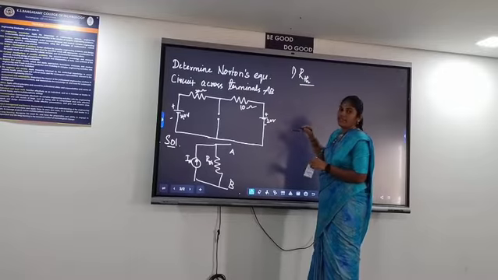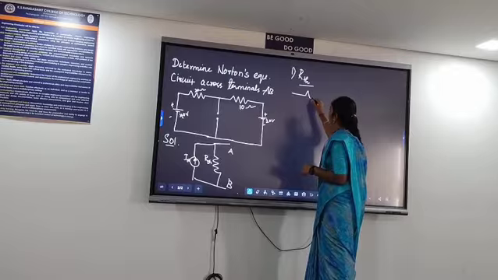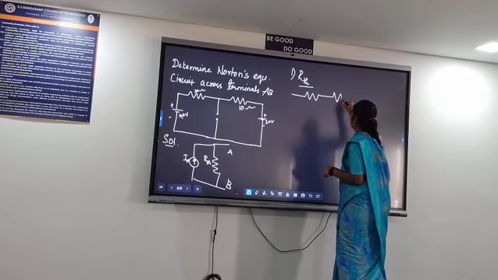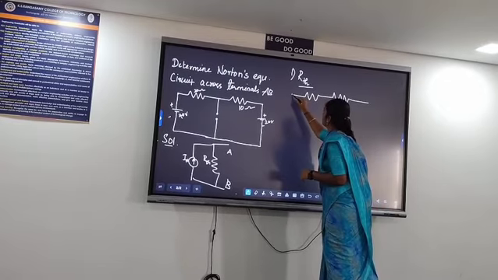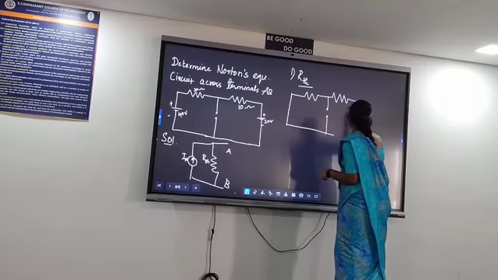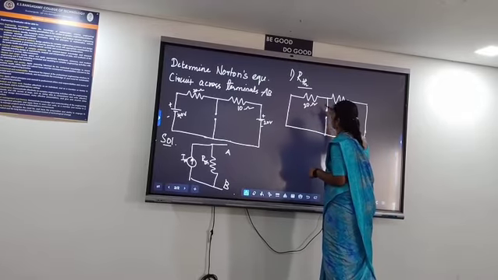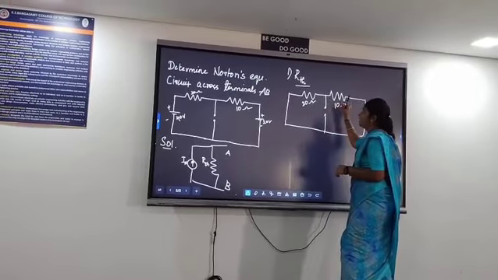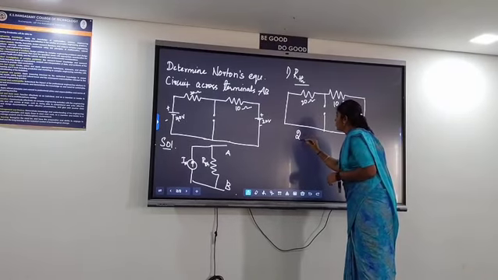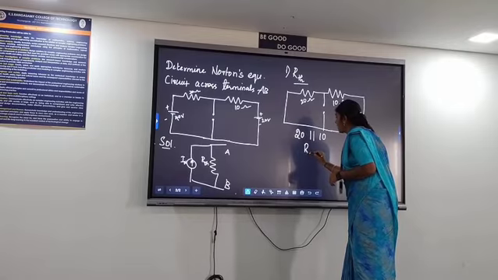To find the value of RTH, we first remove all the voltage sources, so we have only the resistor circuit. The 20 ohm resistor is in parallel with the 10 ohm resistor.